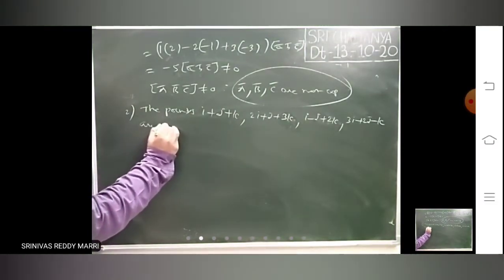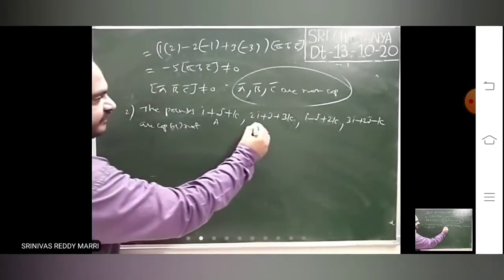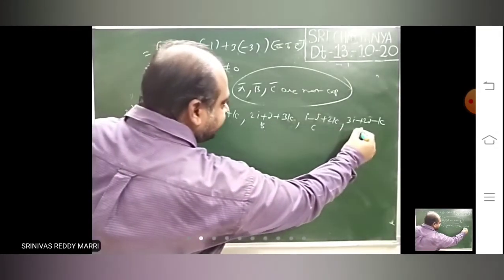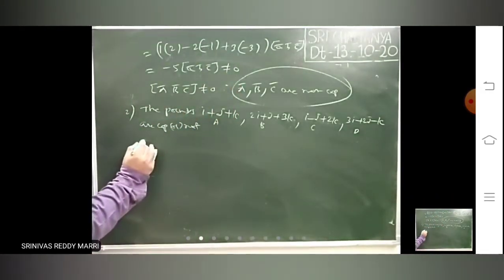Are they coplanar or not? Points are given. That means position vectors. These are not vectors, they are position vectors A, B, C, D. So now what do you have to calculate?